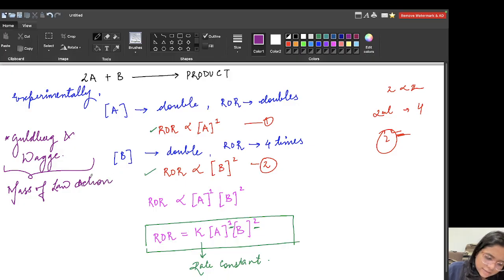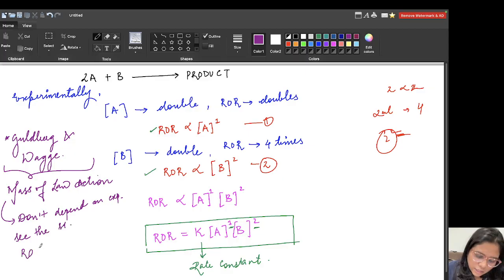What did they tell us? They said don't depend on experiments too much for the rate of the reaction, just see the stoichiometry.